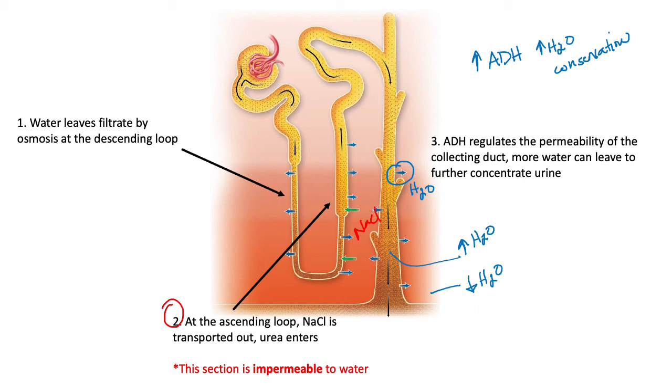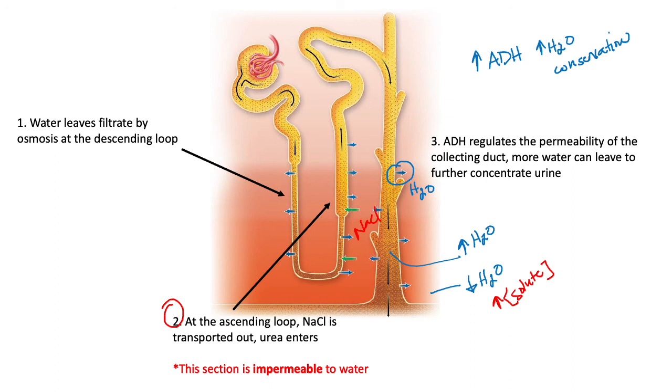And by doing that, that keeps the solute concentration high outside of the nephron, which ensures that we're always promoting the fact that water wants to leave the nephron so that we can concentrate urine. So we're always taking advantage of the process of osmosis to regulate the concentration of our urine and the conservation of water.